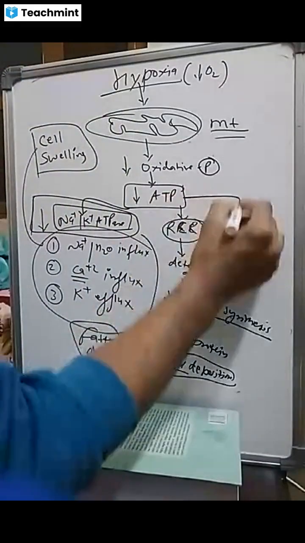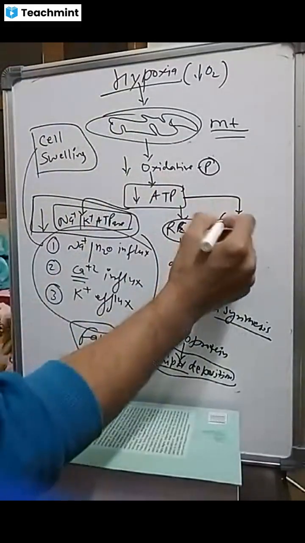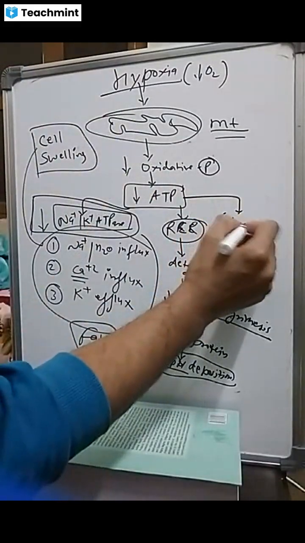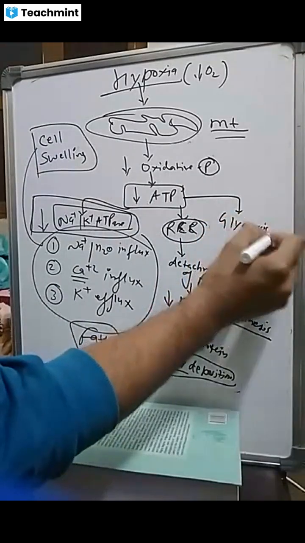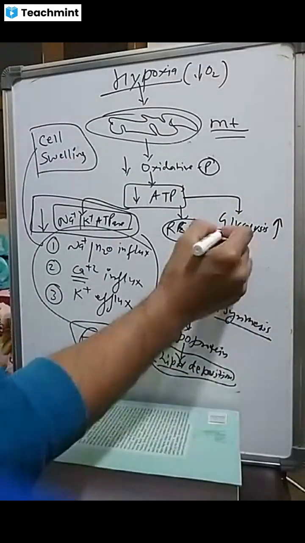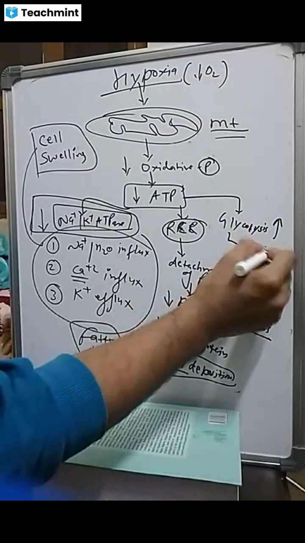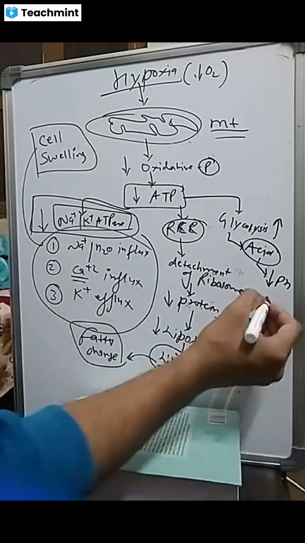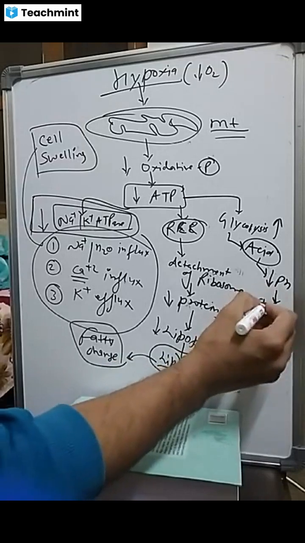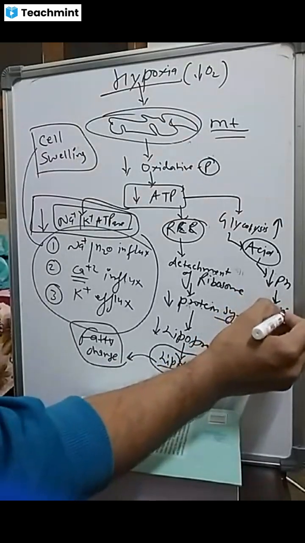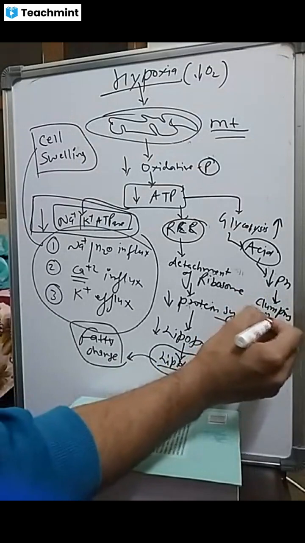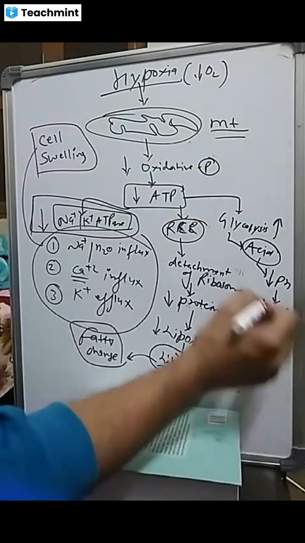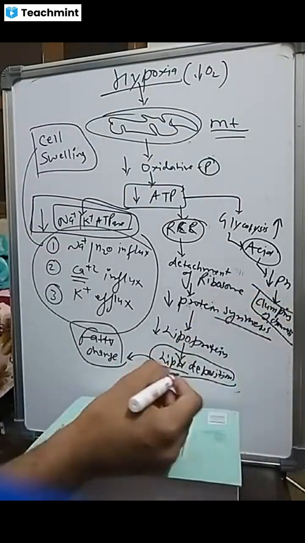What will happen because of this less ATP? Glycolysis will occur. Glycolysis will produce lactic acid, which will decrease the pH, and low pH will cause clumping of the chromatin.